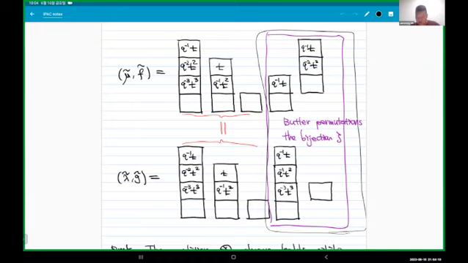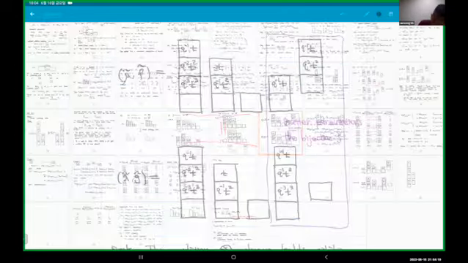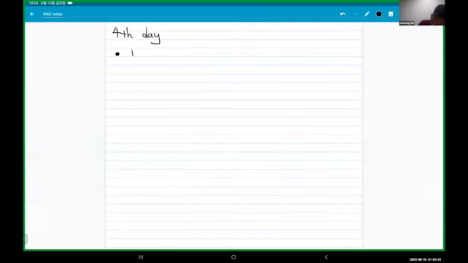To analyze those columns, I have to introduce Butler permutations. So to define a Butler permutation, we have to consider directed perfect matchings.